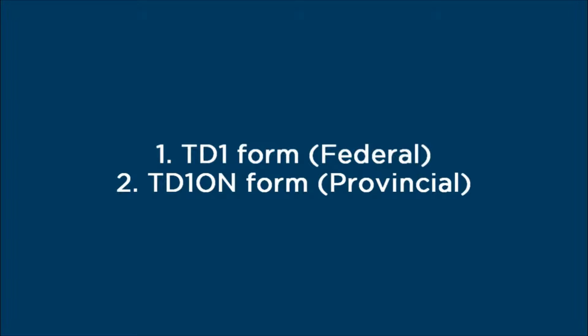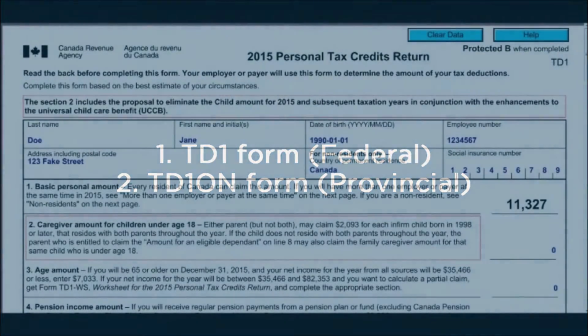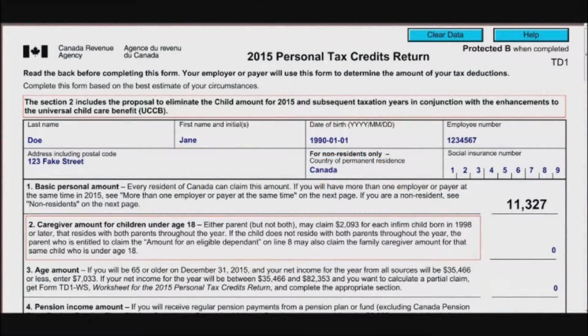Again, something to keep note of is that these forms change every single year. So because this video is filmed in 2015, we'll be using the 2015 Personal Tax Credits Return form, both the federal and Ontario form. Now, these forms are made available to you in the link description below, so feel free to follow along if you so choose.